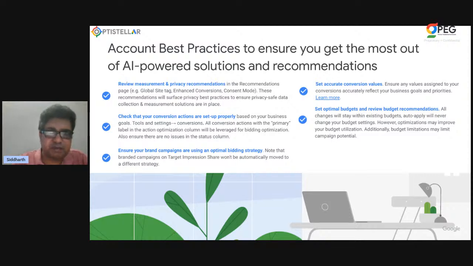So if there is a campaign and you want to improve the overall performance, or you want to drive performance, then you can definitely look at what are the conversion actions that you can place, in terms of whether you want to drive sales as a conversion action, or you want to drive the overall page visits or the CTRs, right?